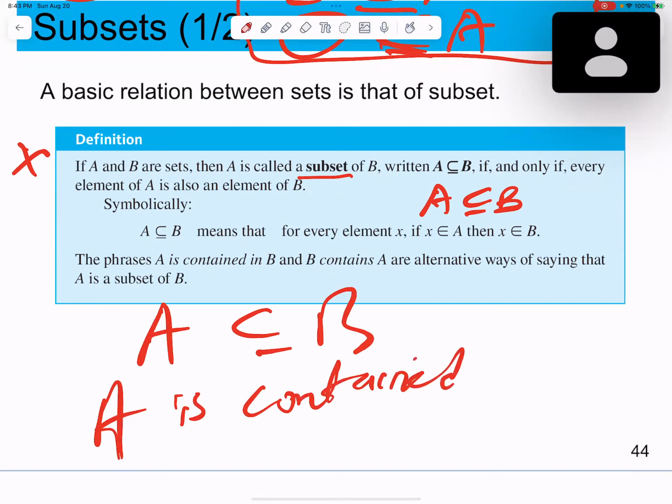For instance, if my A is 1, 2, 3, 4, 5, and if my B is 1, 2, 9. You see, there is 1 here, there is 1 here, there is 2 here, there is 2 here. But there is 9 here, there is no 9 here. So we can say that B is not a subset of A. All right.